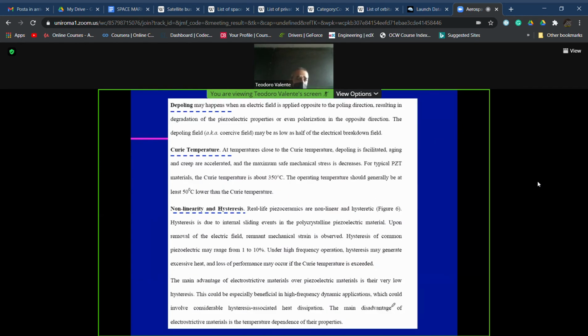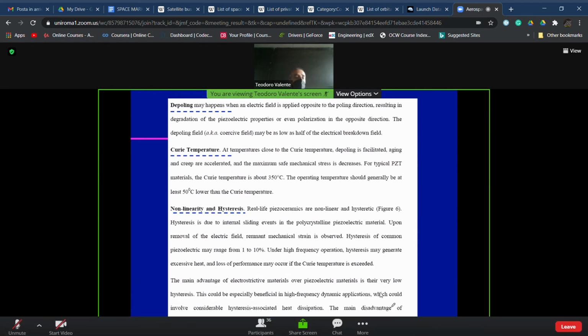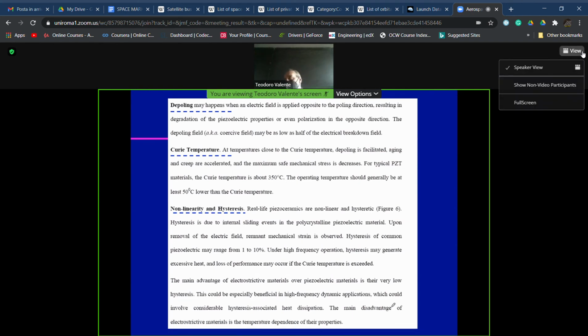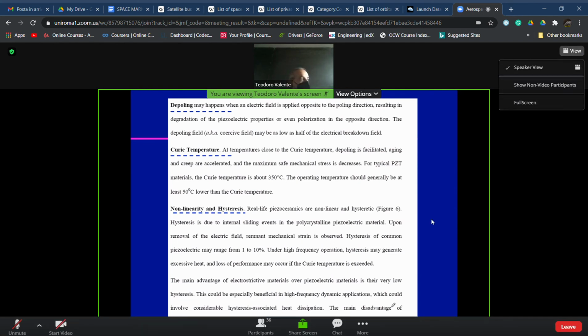The second limitation is related to the fact that there is a maximum temperature, which is around 350 Celsius, above which, again, depolarization occurs. This is called the Curie temperature, which is proper of the piezo materials itself. It's not a unique value.